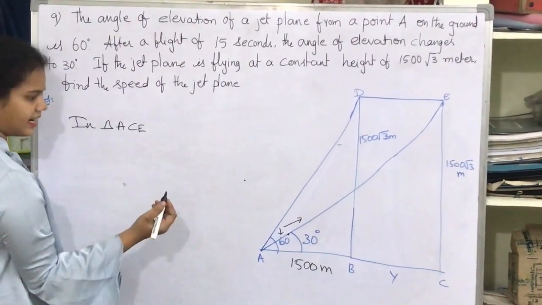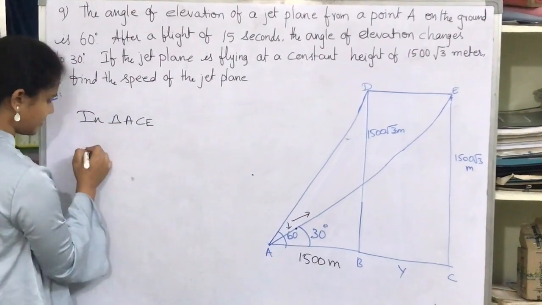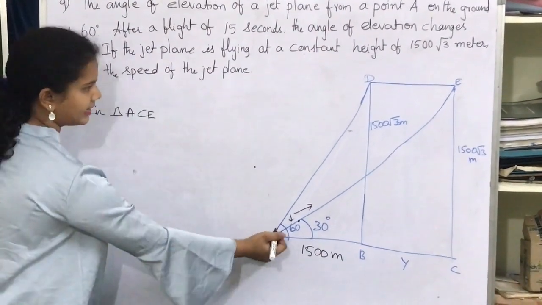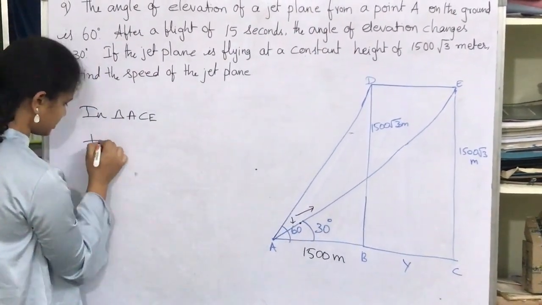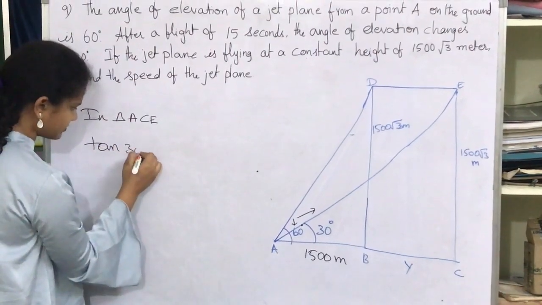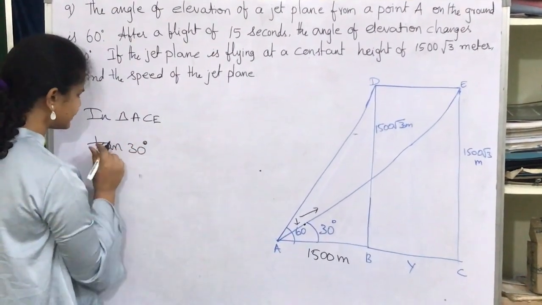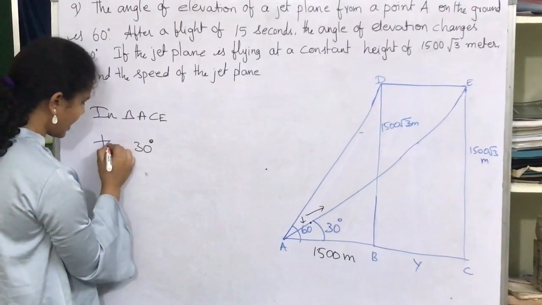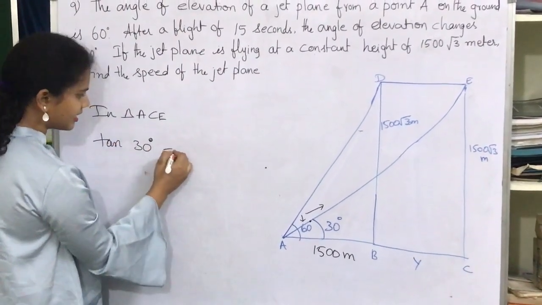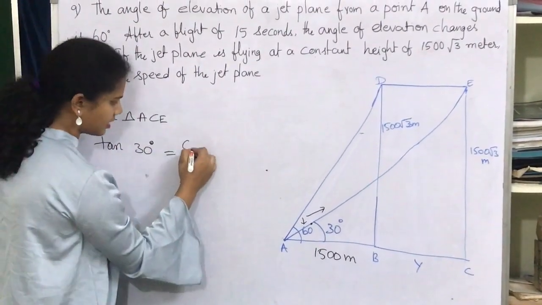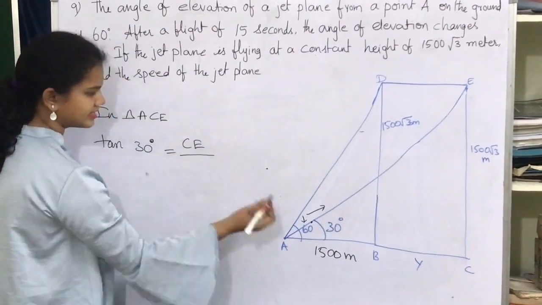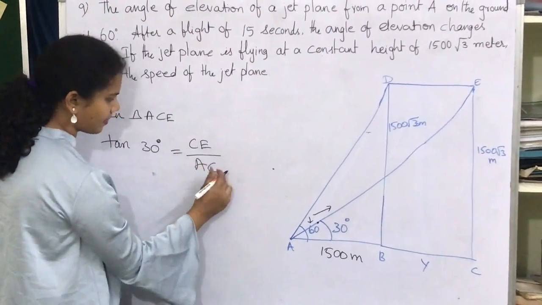Opposite to the angle A you have CE and adjacent is AC, so we can write tan 30 degrees equals opposite side CE by adjacent side AC.